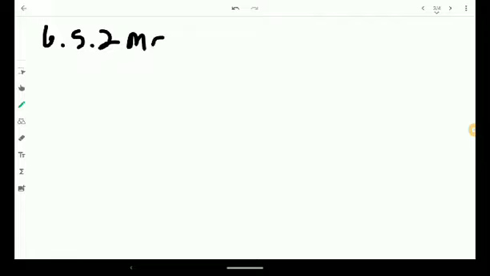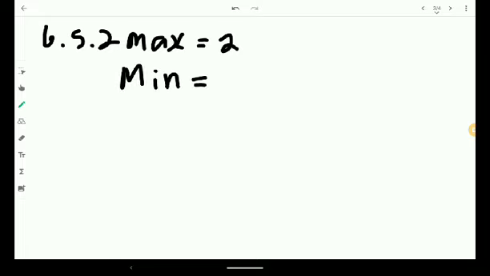The maximum of the last graph was equal to positive 2, and the minimum of the last graph was equal to negative 2. So I just minus 3 for both of them. So now you see this maximum becomes the minimum.